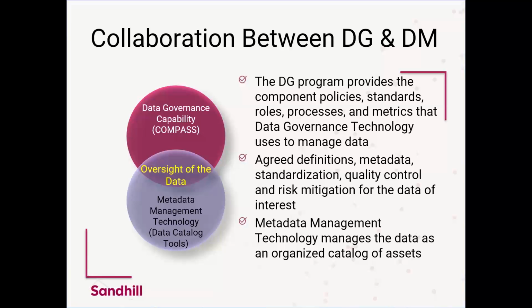Data governance tools are slightly different in that, at a much higher level, they are intended to show what the mission is, what the charter is, what the actual processes are that are being followed.